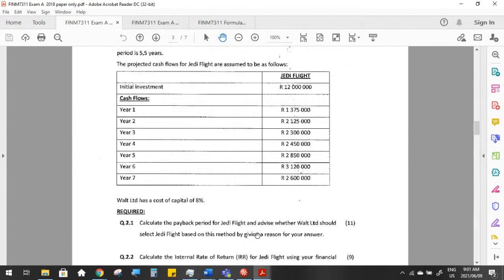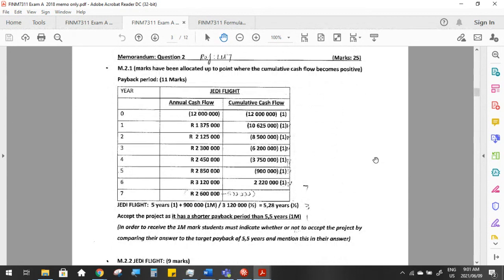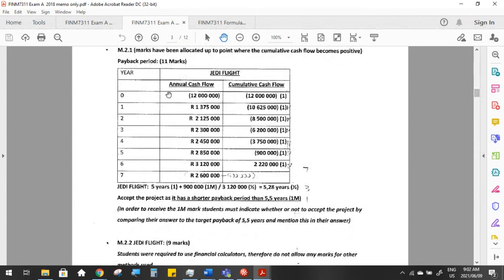Calculate the payback period. Okay, so our payback calculations. You know your layout for payback calculations is you write down the annual cash flows on the left-hand side. So here, year 7 must include that 500,000.